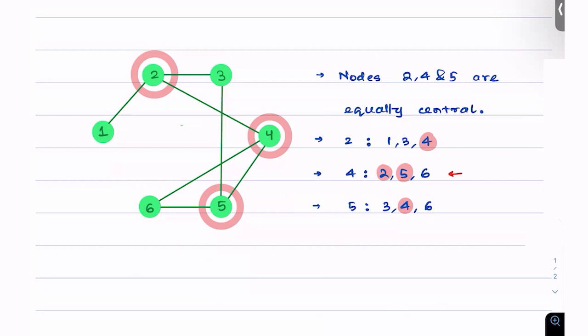Clearly, using just degree centrality, there was no way for us to distinguish the nodes 2, 4, and 5. If we just apply degree centrality, it gives the same centrality score for all these 3 nodes.